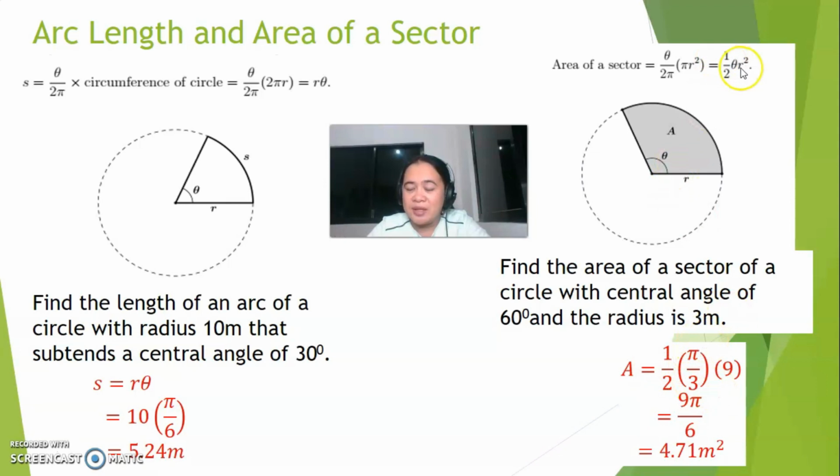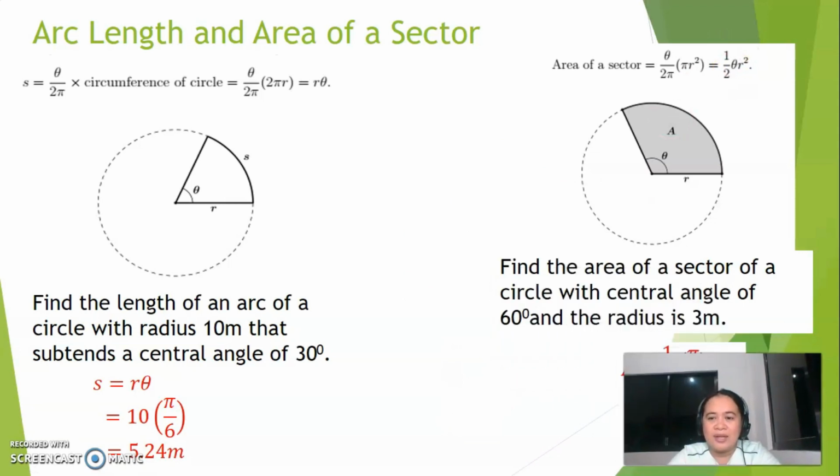And r squared is 3 squared, which is 9. So simplifying, we'll have 9 pi over 6, or 4.71 meter squared. Again, when you talk about arc length, the formula is S equals r theta, and when you talk about area of a sector, that would be 1/2 theta r squared. Okay, next.